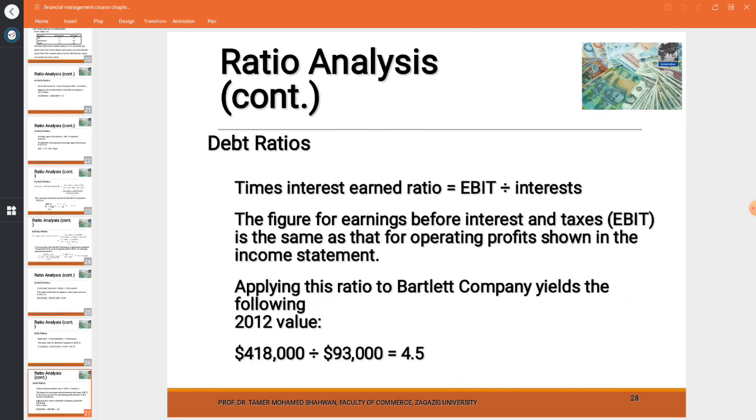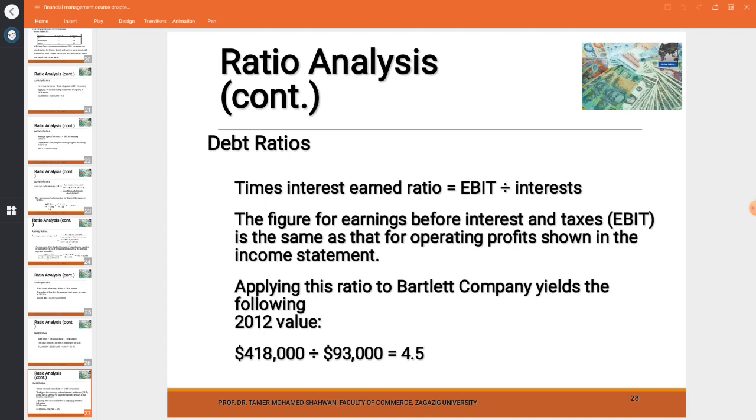Another important ratio is called the times interest earned ratio. The times interest earned ratio can be calculated by determining EBIT, earnings before interest and taxes, divided by interests.